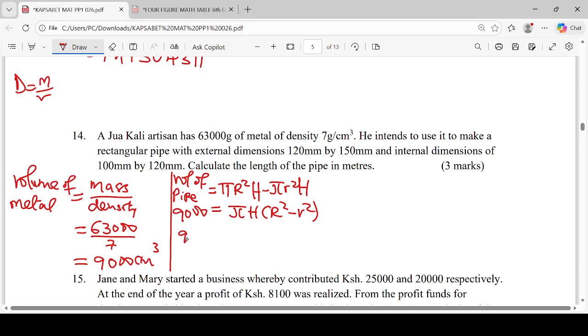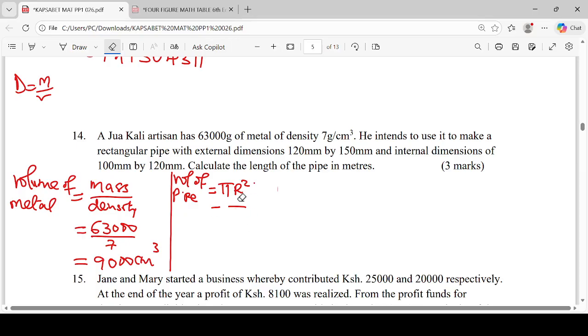So 9,000 here is equal to pi, which is 22/7 times the height which we are looking for, into... Oh, sorry. There is something I've left out. I was thinking it's a cylindrical pipe, though this is a rectangular pipe.